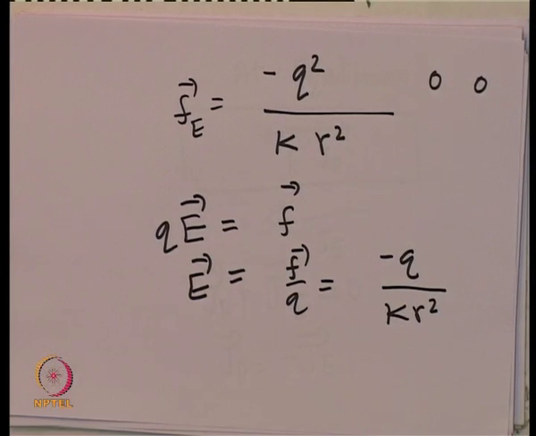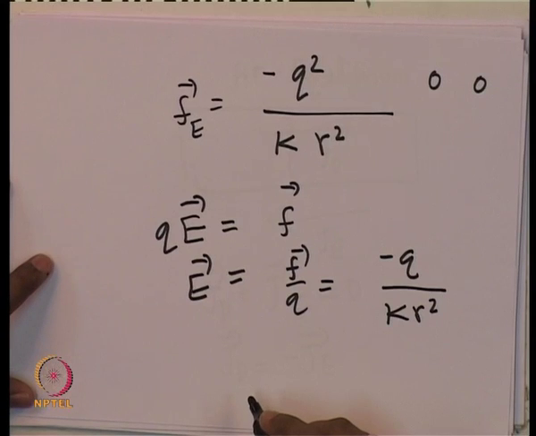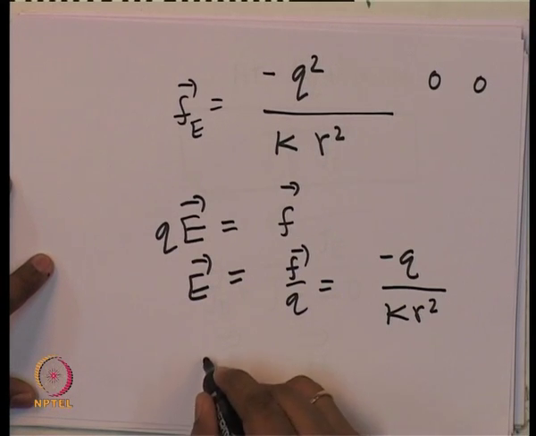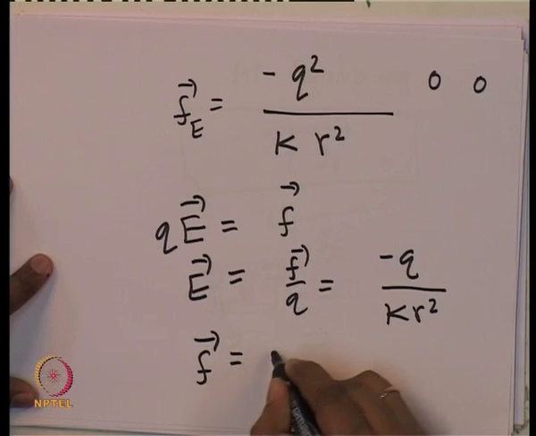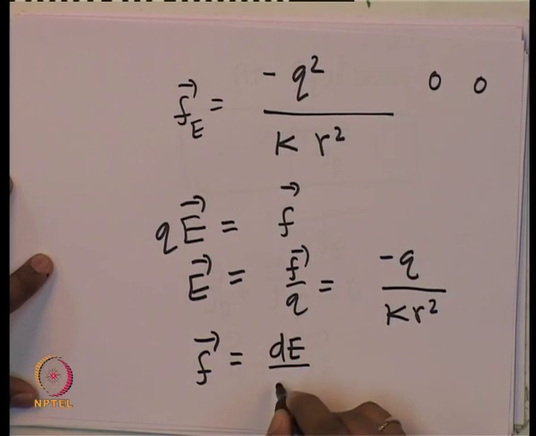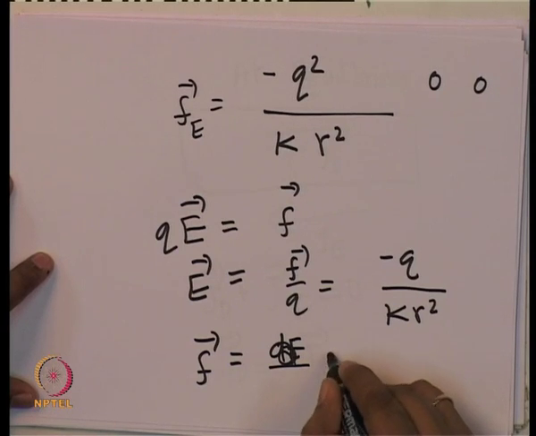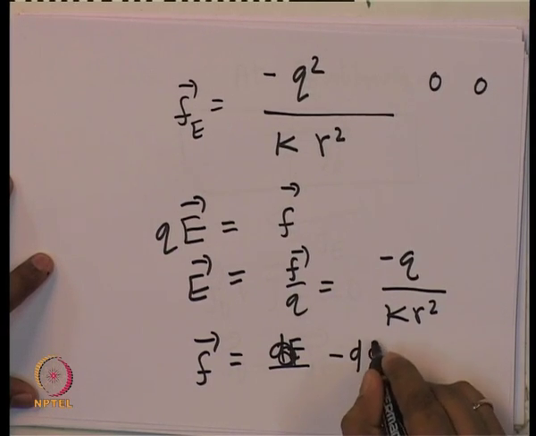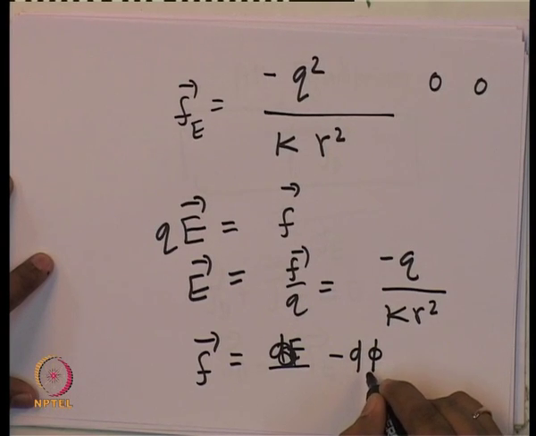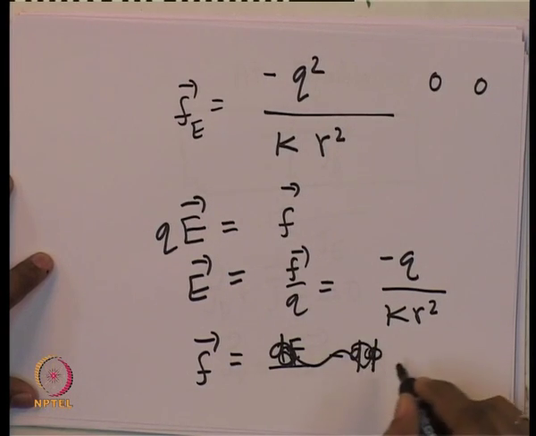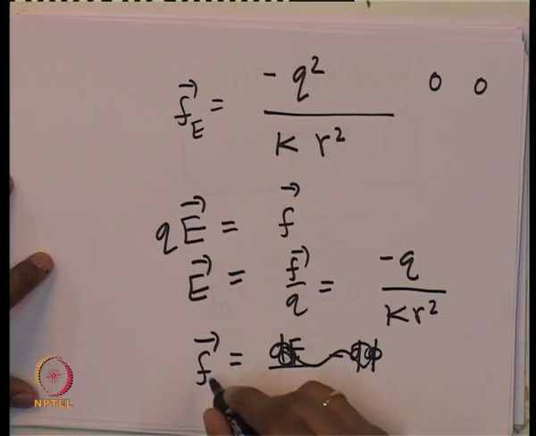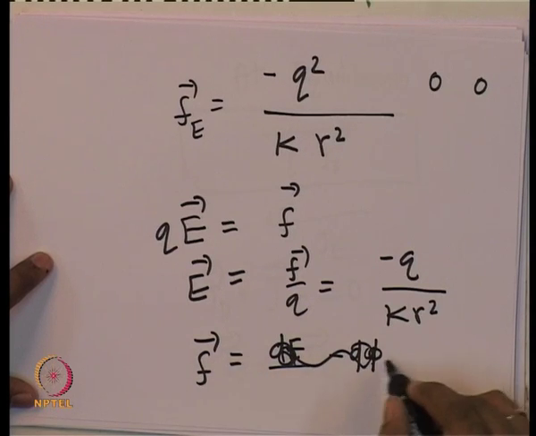This is our E. And we said in previous lectures that the force is minus del E by del R, the derivative of energy with respect to R. So, let me call phi the energy here. We said that the force is generally the derivative of energy.